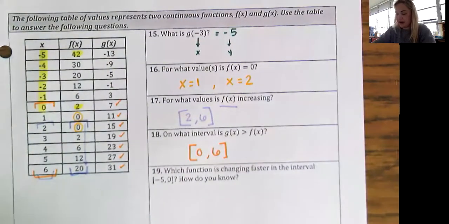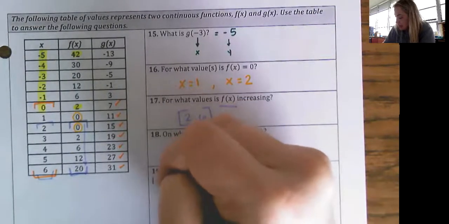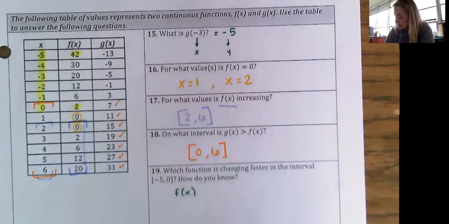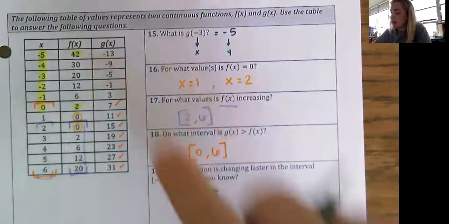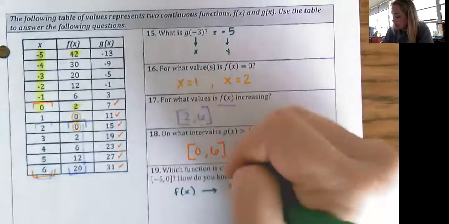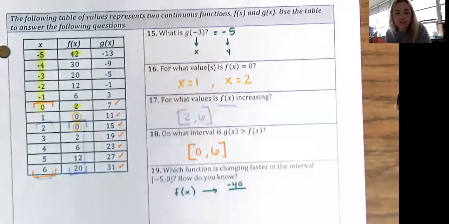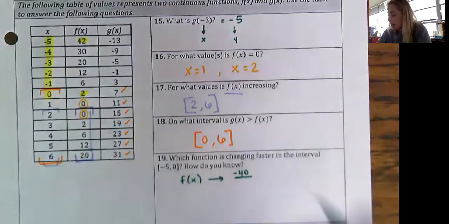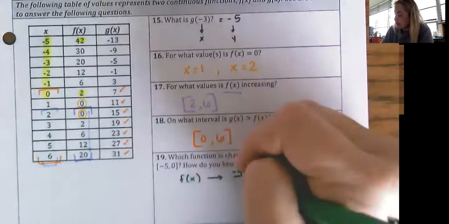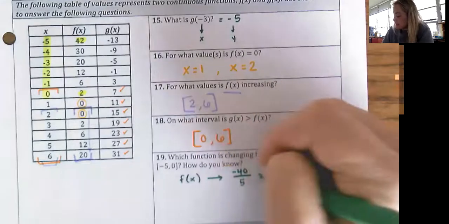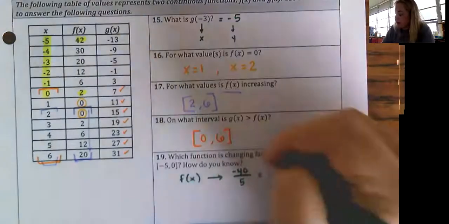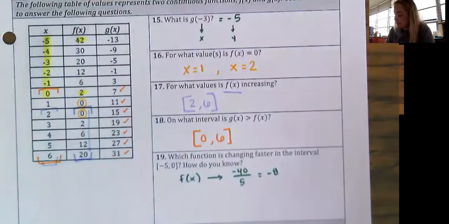And if I found my slope for that, I'm going to say f of x is decreasing by 40. So I'd say -40 for the change in y. And then from -5 to 0, that's going up 5 spaces. So -40 divided by 5 gives me -8.